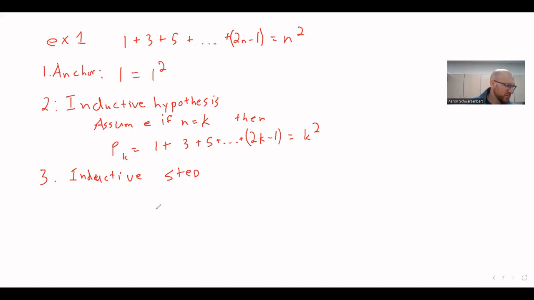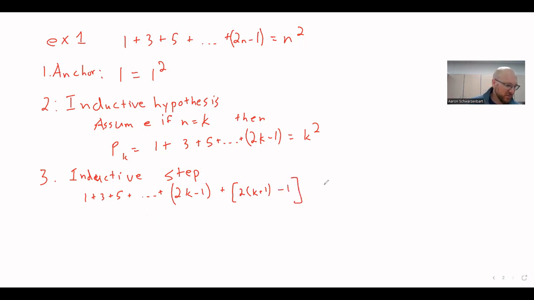So in the inductive step, in place of k, we plug in k plus 1.